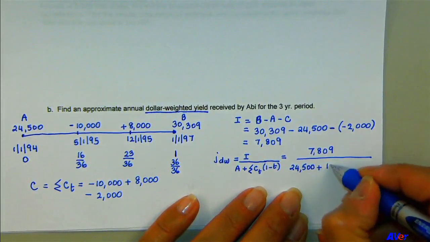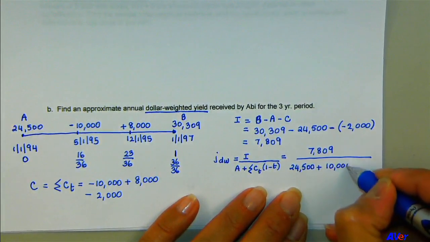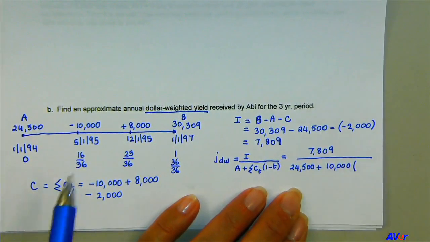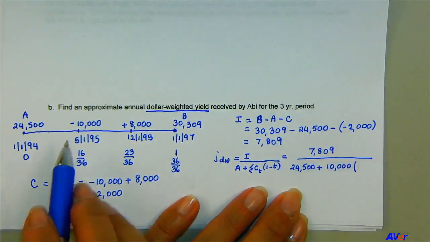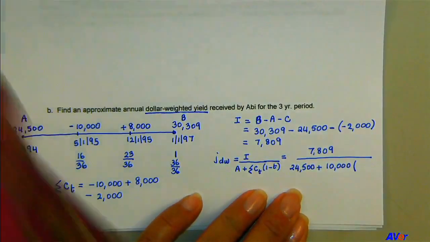So 10,000. Actually, this is a negative, right? This is a minus 10,000. So let's fix that.